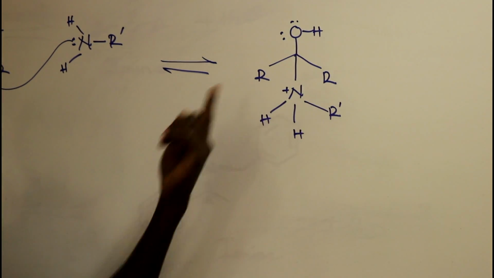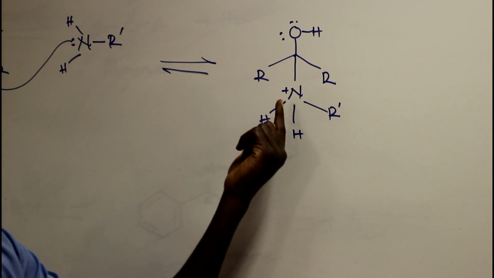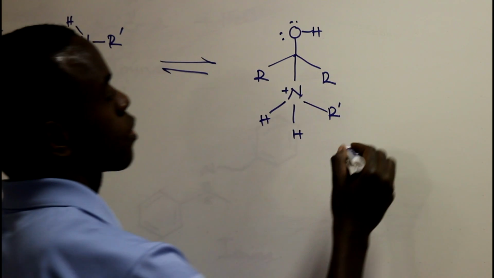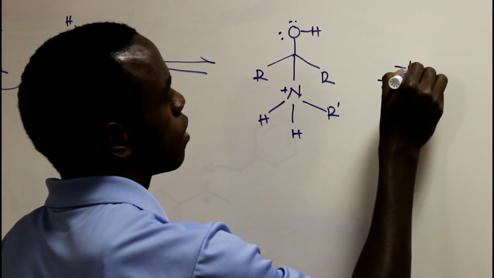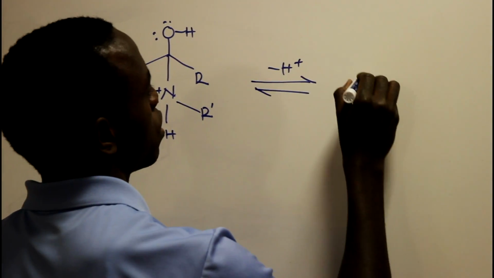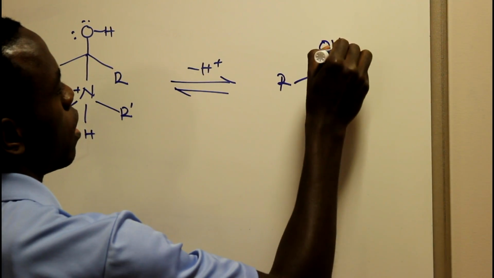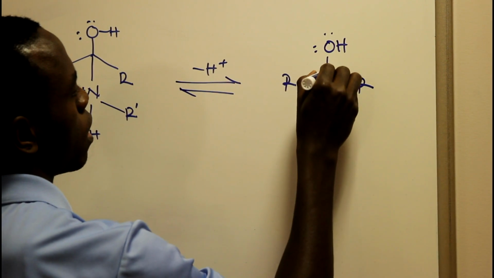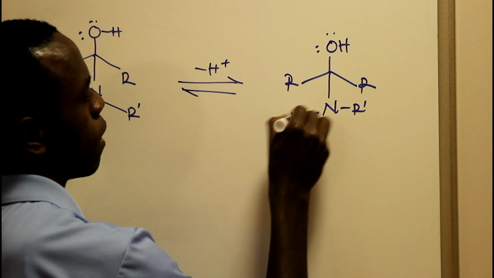The nitrogen gains the plus charge. We want to ensure that this plus charge is neutralized to stabilize this compound, so we have to lose one of the hydrogens, that is, minus one proton. This will give us this other structure: R, R, OH, nitrogen, R prime, H.